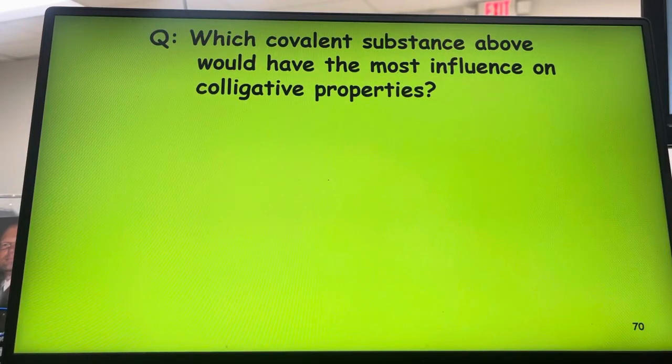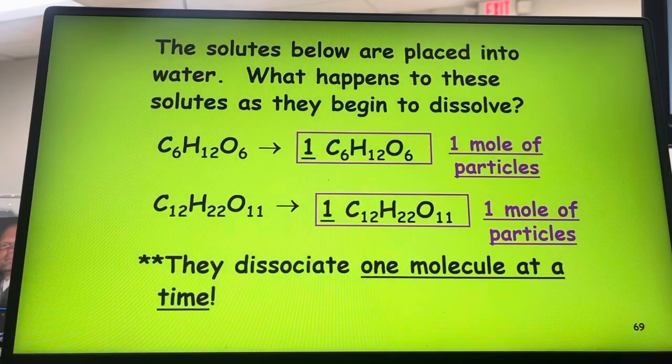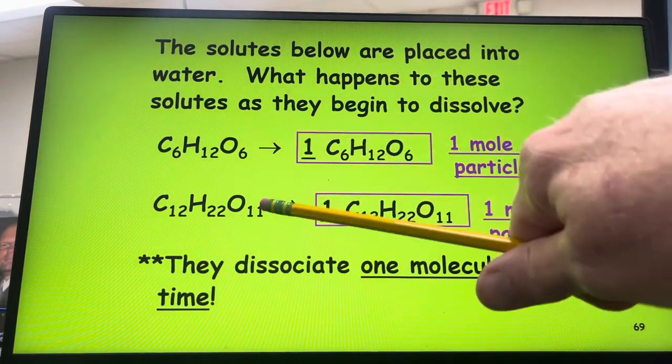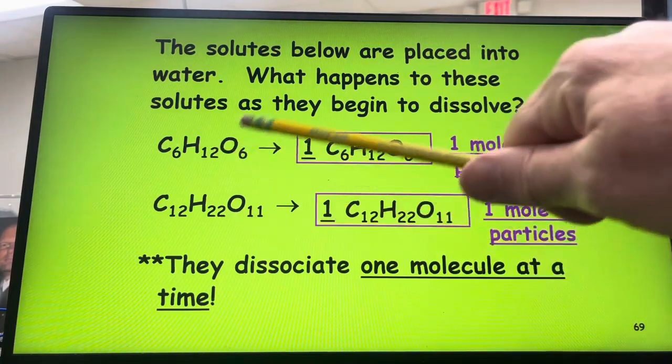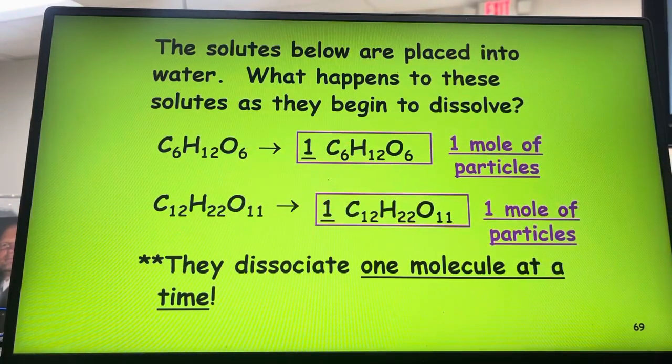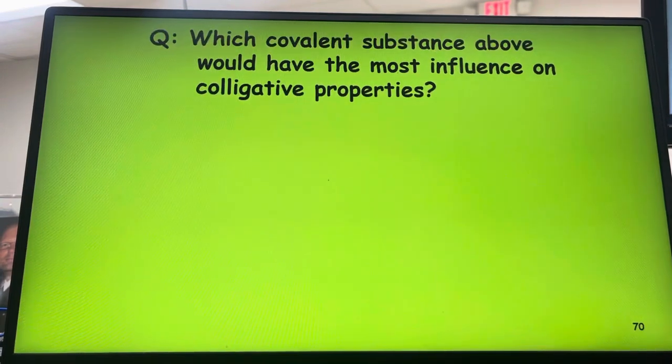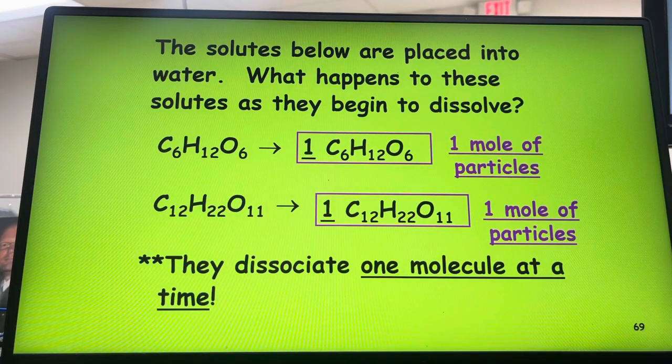Which covalent substance above, which of these two, they're both some form of hydrocarbon, would influence colligative properties the most? Remember, it's about number, not identity.